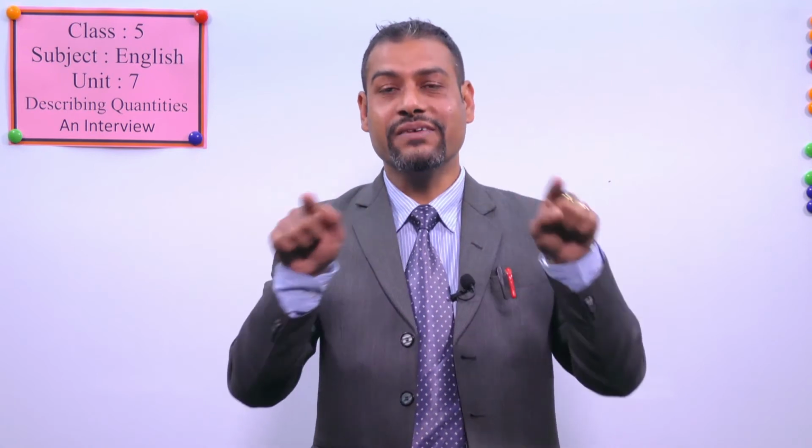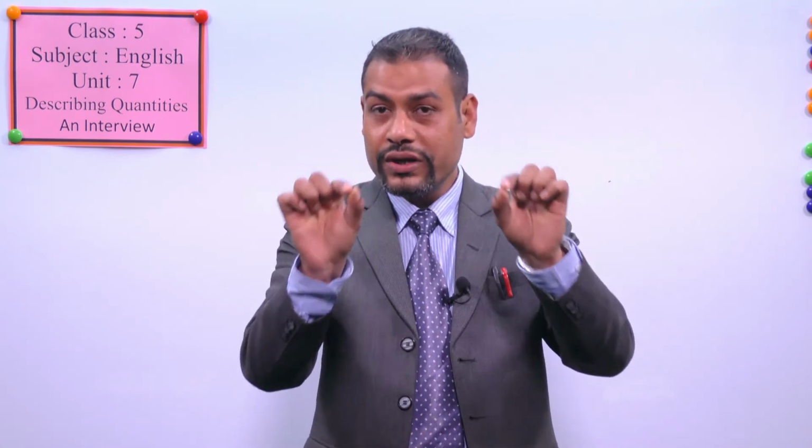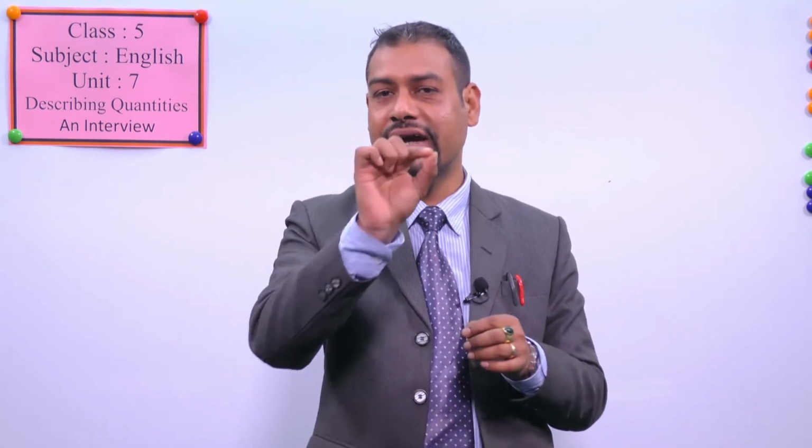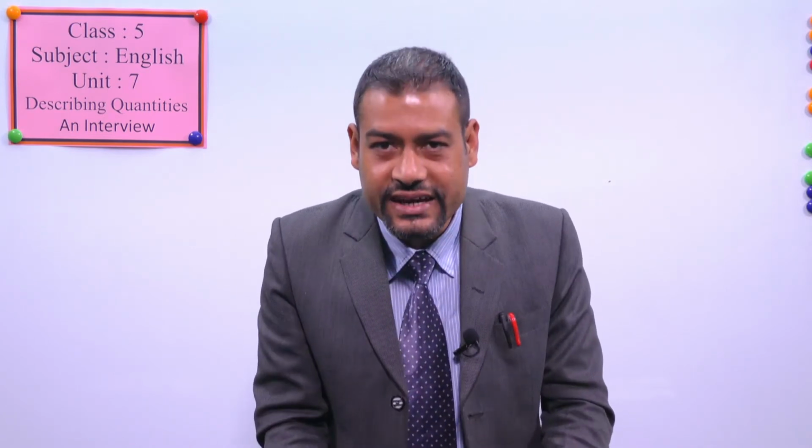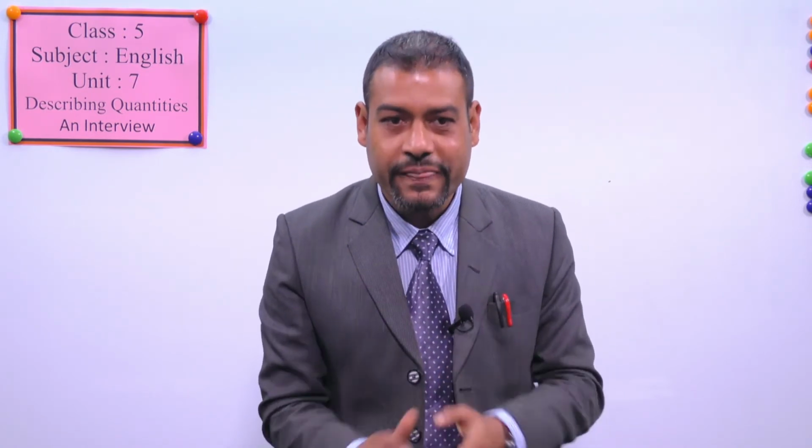So how much can he save? See, percentage is always out of 100. So you have to subtract 65 from 100. So how much is left? Yes, that is 35%.